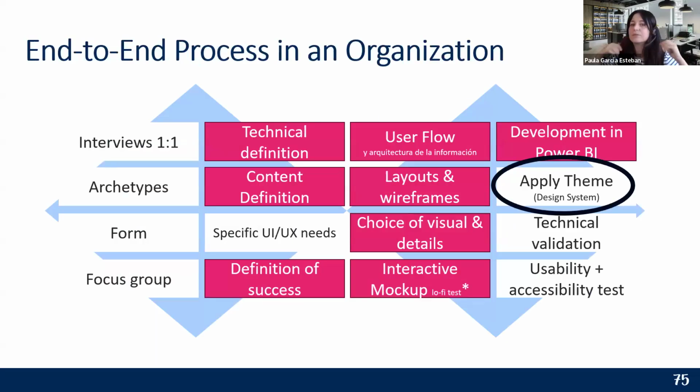I know that I have talked about a lot of boxes and things you have to do for creating a good report, thinking about the final user, blah, blah, blah. But focus on the pink boxes. The pink boxes are those where you need to spend time for every new report.